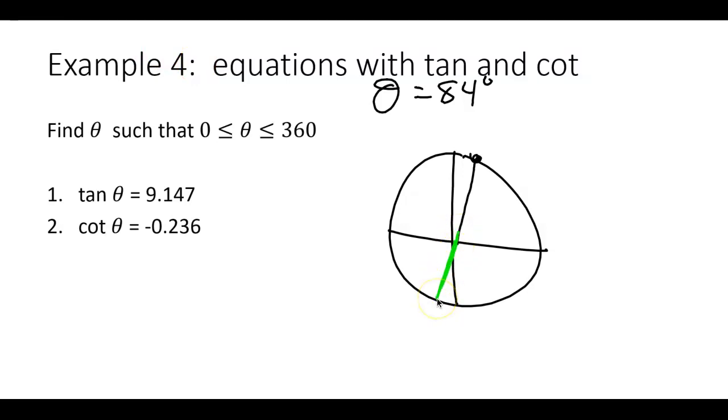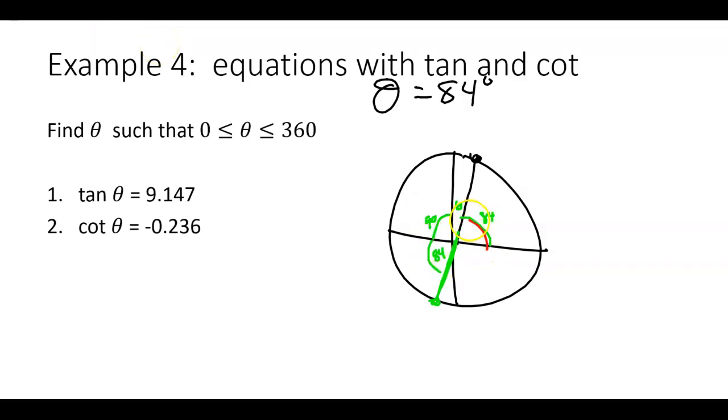In other words, if you just continue the line straight down, it's not going to be going left, it's not going to be going down, it's going to be going diagonal. And so the other answer will be here, and this is where we get to use some symmetry. Okay, so if this is 84 degrees, right, then this little piece here would be 6 degrees to make 90. This is also 90. And because of the symmetry, if this is 84, then so is this.